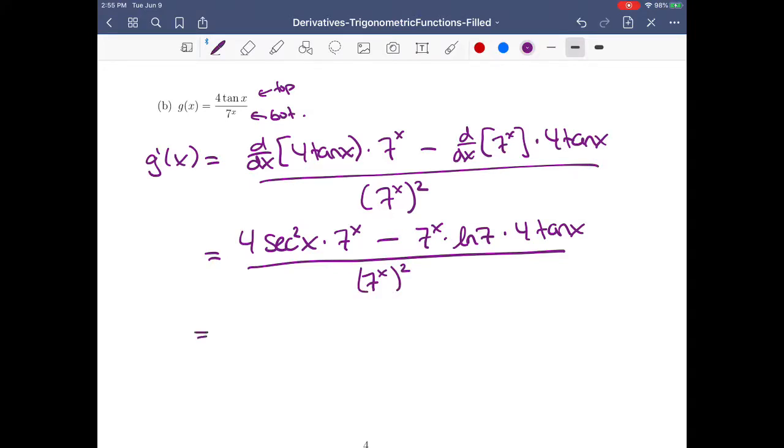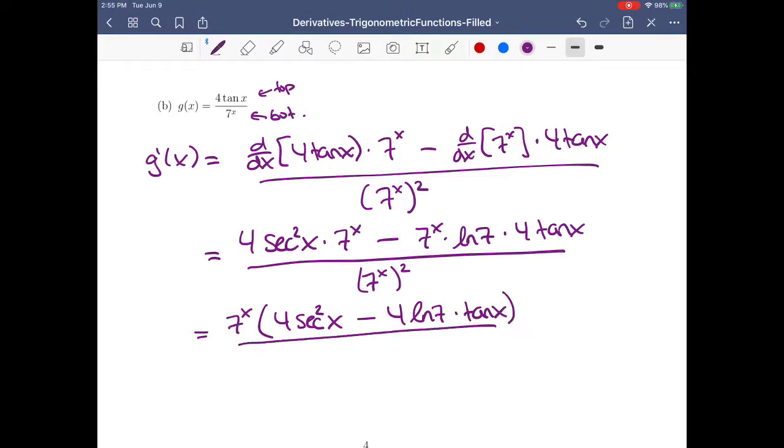I probably want to factor out 7 to the x. Minus 4 ln 7 times tan x, all over 7 to the x all squared. So now I can cancel this 7 to the x with one of the ones down there.